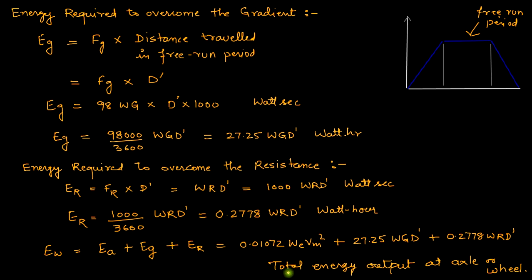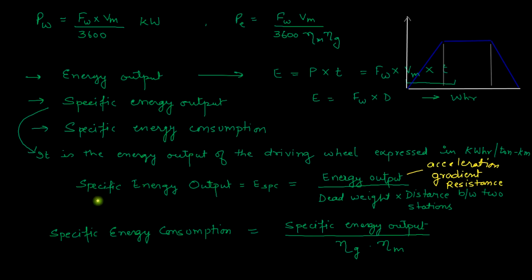Now, when we have the expression for total energy output, we can easily calculate the specific energy output, which was equal to energy output divided by dead weight into distance traveled between the two stations.